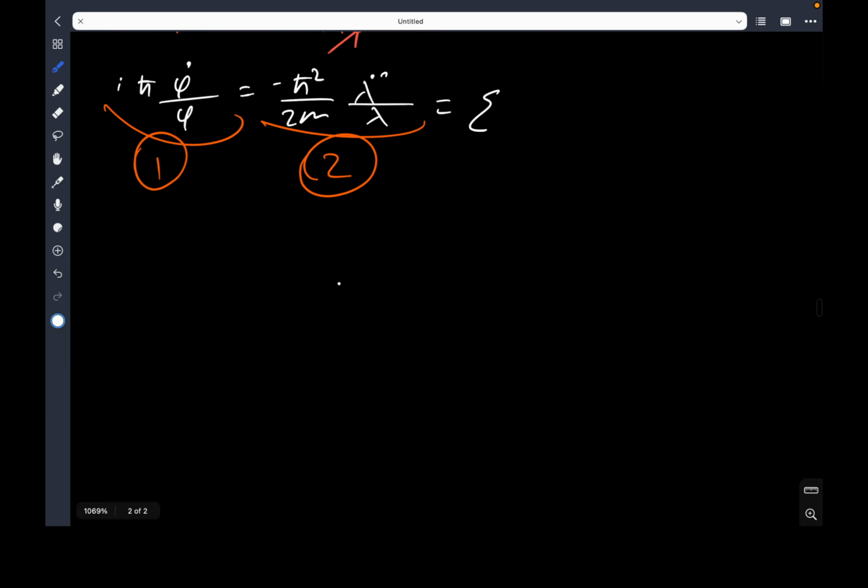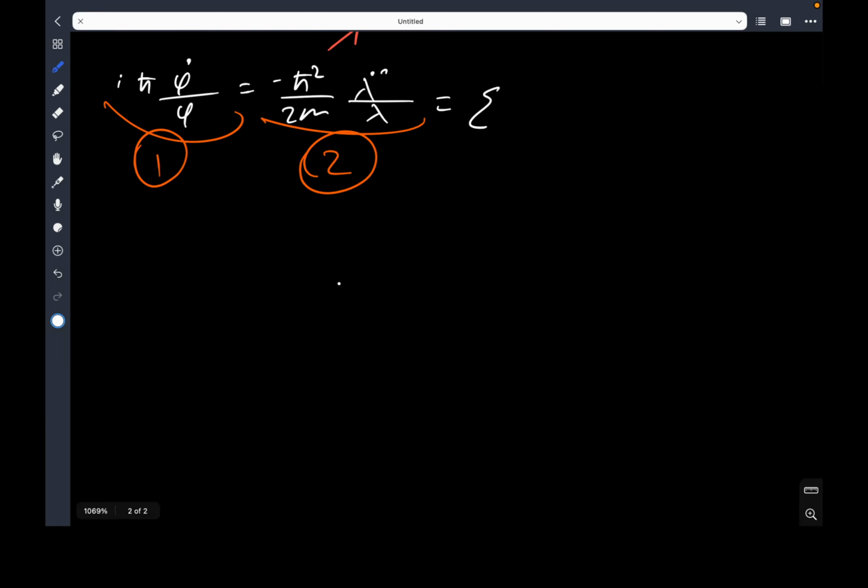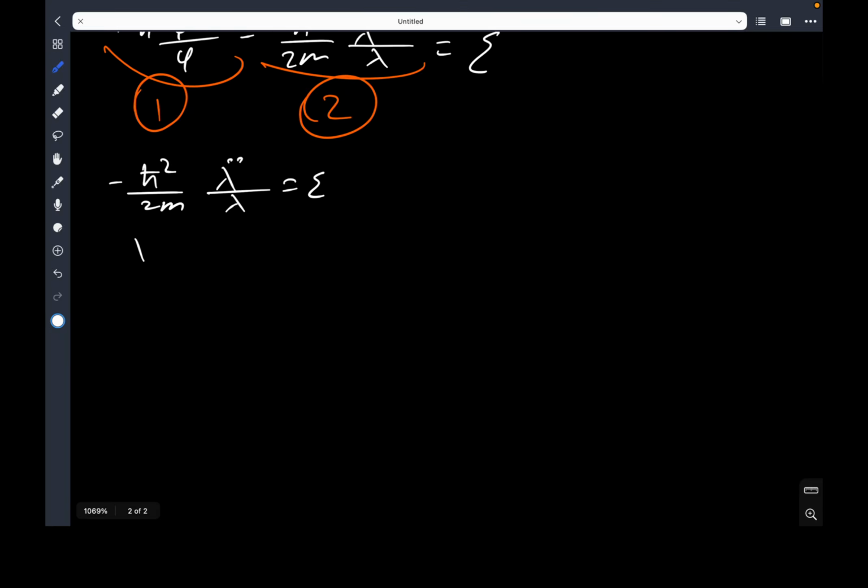So the first part, the spatial part, is a little bit harder. It's negative h bar squared over 2m lambda double dot over lambda, which is equal to E. So I'm going to isolate lambda double dot over lambda, which is negative 2m E over h bar squared.